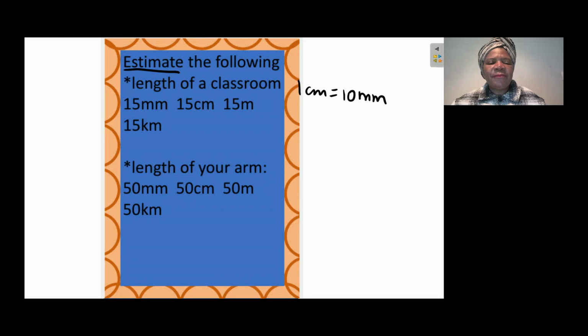Every centimeter has got these 10 millimeters. Between 2 and 3, they are 10. Between 26 and 27, they are 10 millimeters. Between any two numbers on that ruler, they are 10 millimeters.